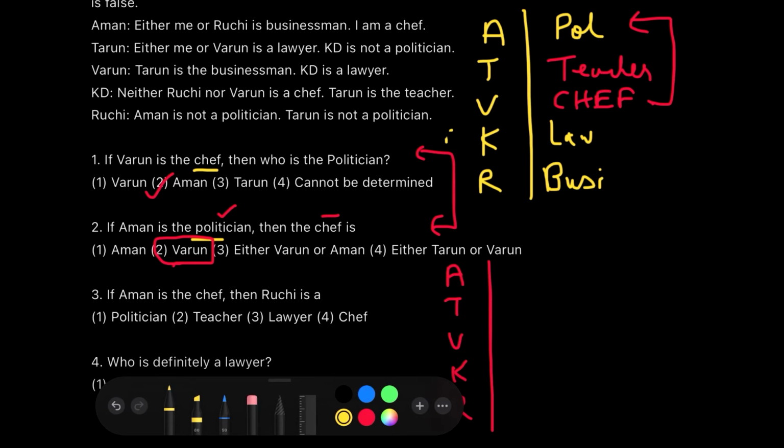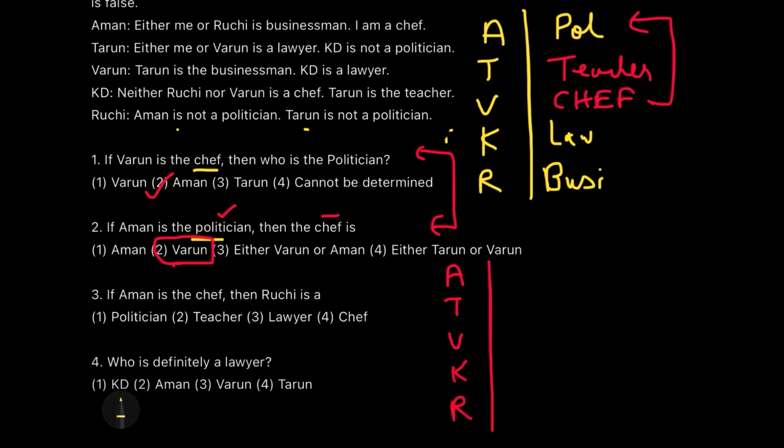Now, just by reading this Ruchi statement again, I know that either Aman or Tarun is the politician. And if Aman is the chef as per the question, then there is no doubt that this time Tarun is going to be the politician in our case. Now, when Tarun is the politician, can he be the teacher?